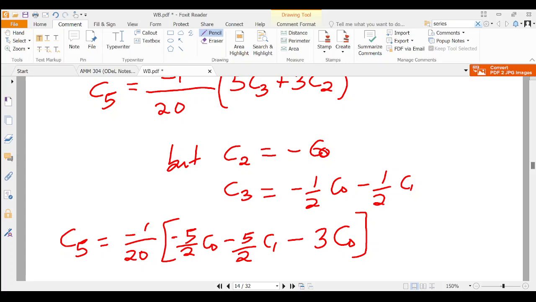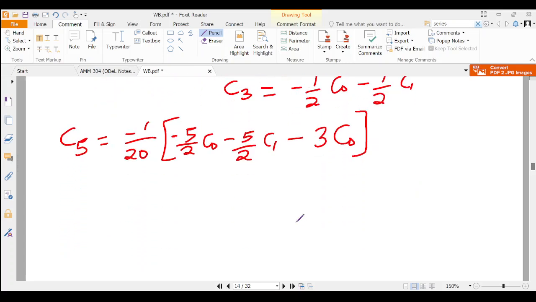So we can simplify this, and this should give us positive 1 over 8 C1, then plus 11 over 40 C naught. We can continue like this to get C6, C7, C8, and so on.